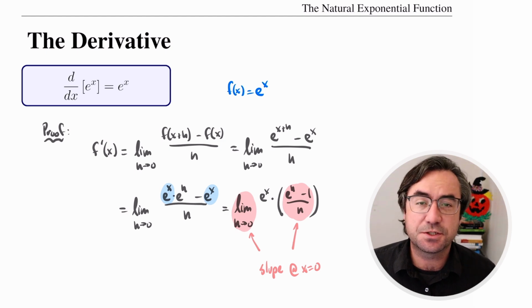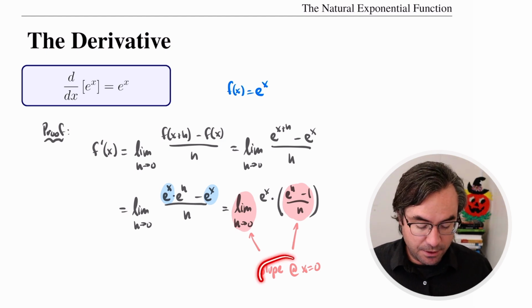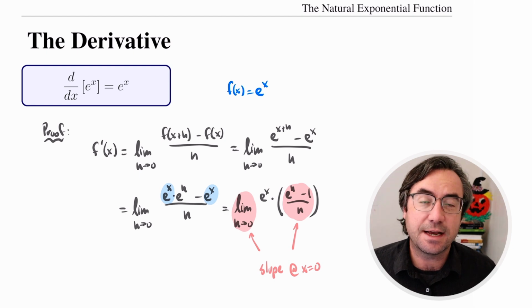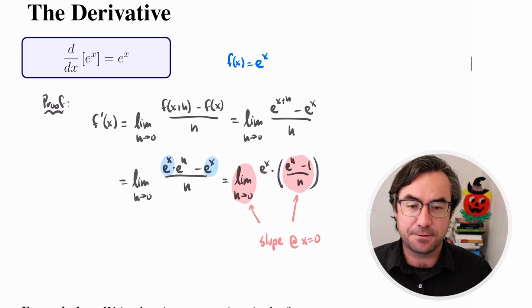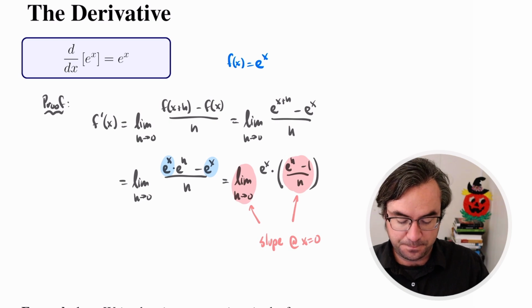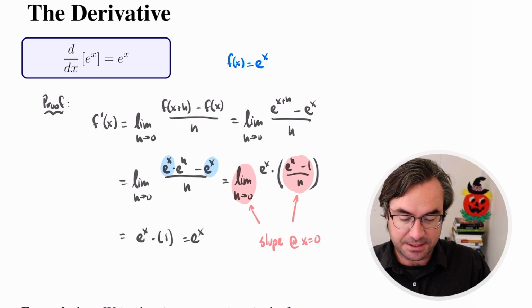So that's what gives us the slope at x equals 0. And we know the slope of e to the x at x equals 0 is 1. So we end up with 1 times e to the x here, which is just e to the x.